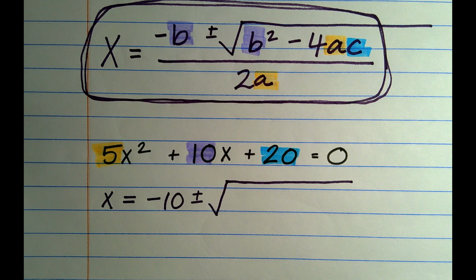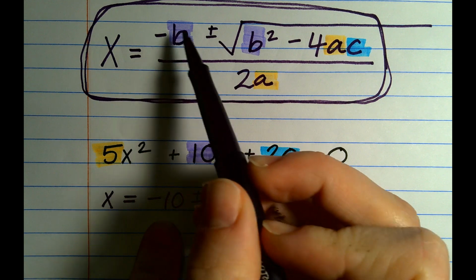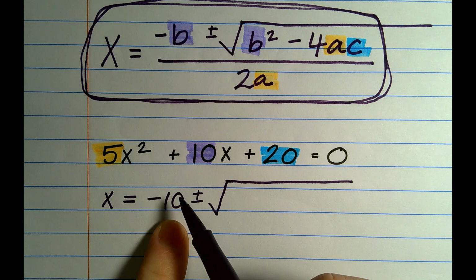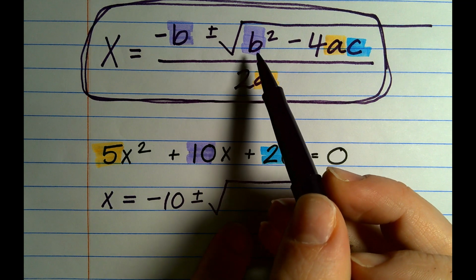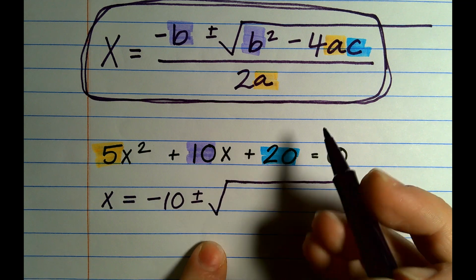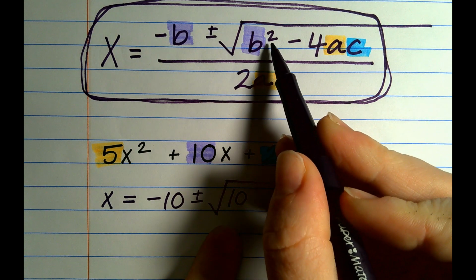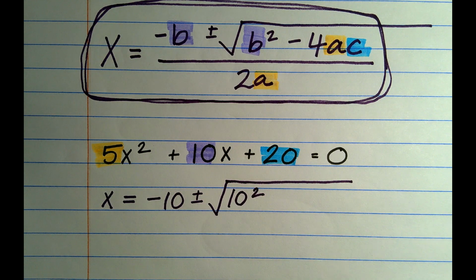Only plug it into the formula exactly how it's written. So the only reason we made this negative is because there's a negative sign in front of B here. Okay. So we did negative sign and then B, 10. Now here, I just need to write B. What's my B? 10. So 10, and it's squared. So I'm writing squared.